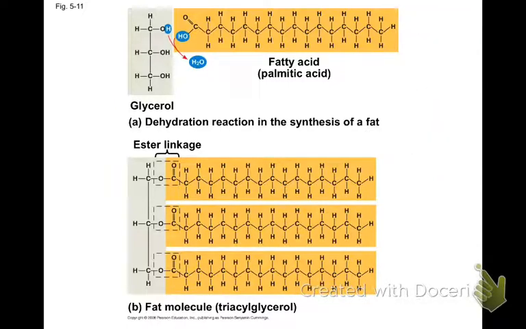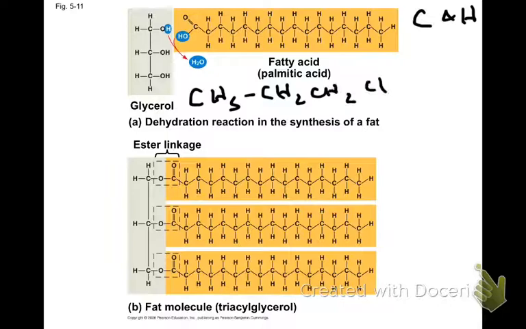Then I want you to remember what our hydrocarbon was in the previous class. A hydrocarbon was carbon and hydrogen. So if I am talking about a hydrocarbon, let me write: CH3, CH2, CH2, CH2. They are bonded, okay? CH2, and it goes on and on and on. At the end of it, it has one carboxyl group.